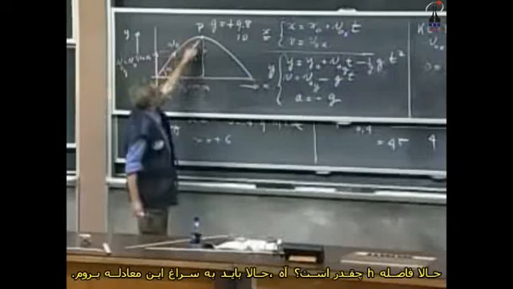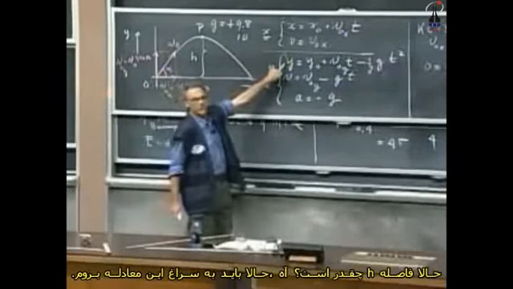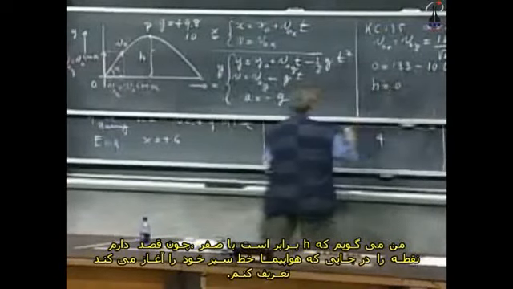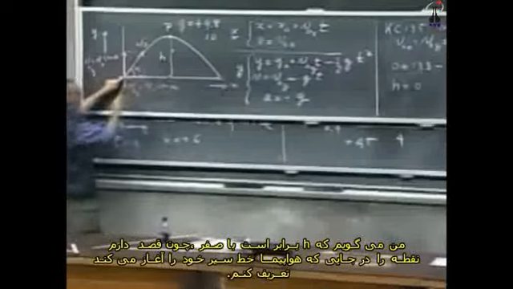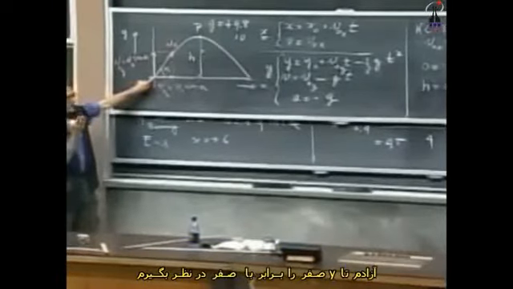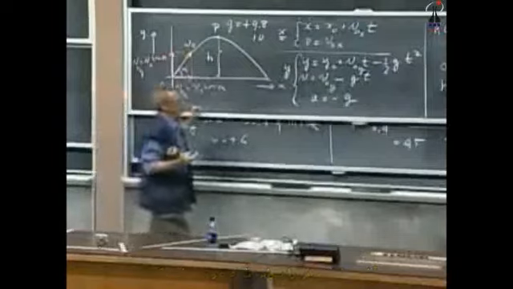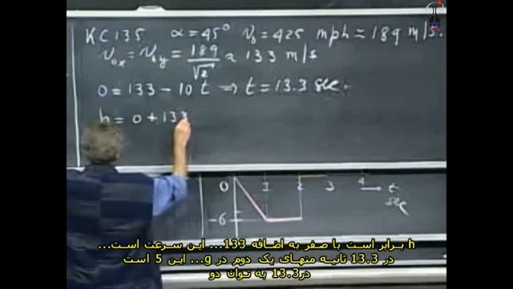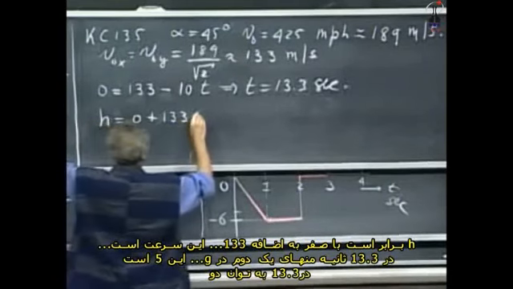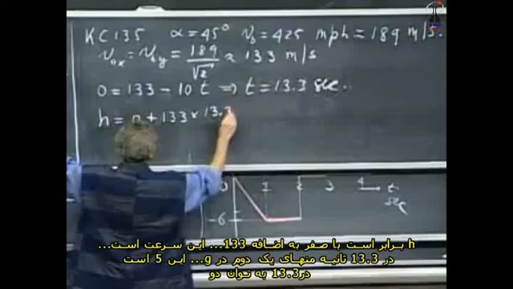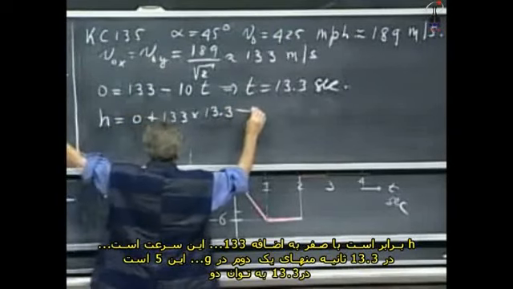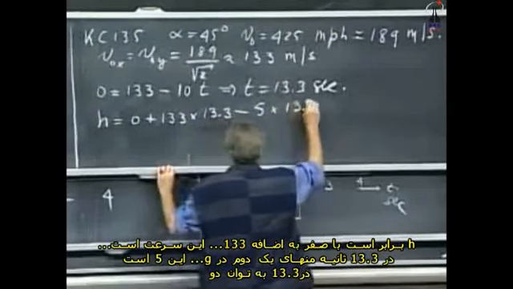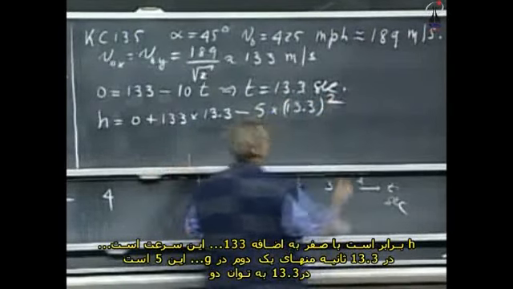And what is this distance h now? Now I have to go to this equation. I say h equals 0, because I'm going to define the point where the plane starts its trajectory. I call that y0, 0. I'm free to do that. H equals 0 plus 133, that is the speed, times 13.3 seconds, minus 1/2 times g, that is 5, times 13.3 squared.